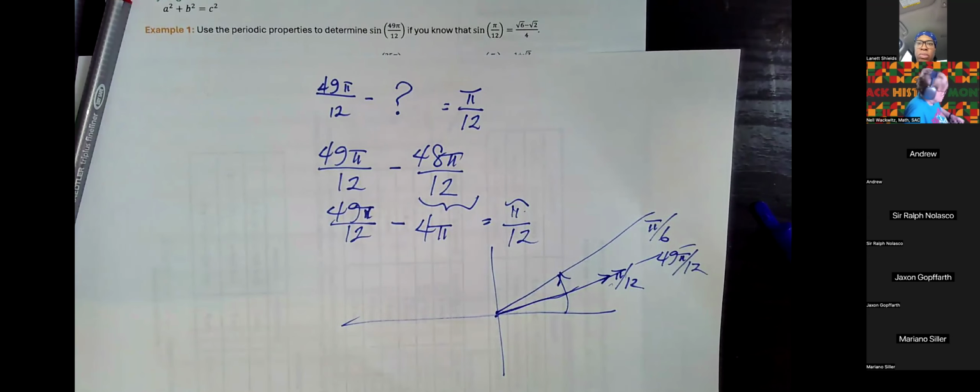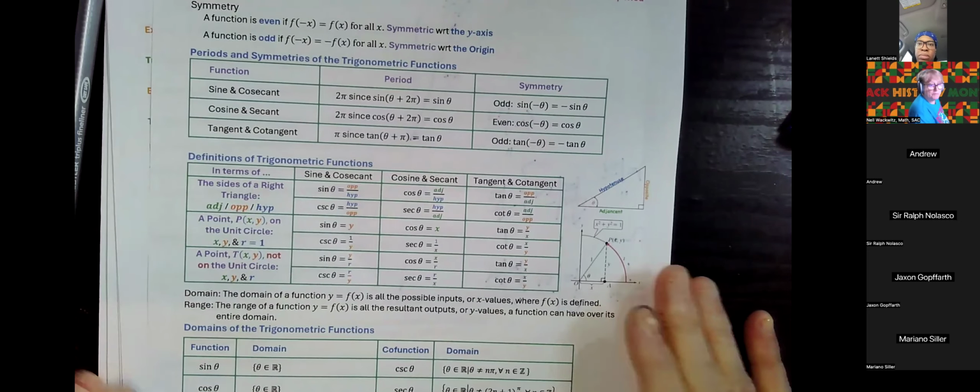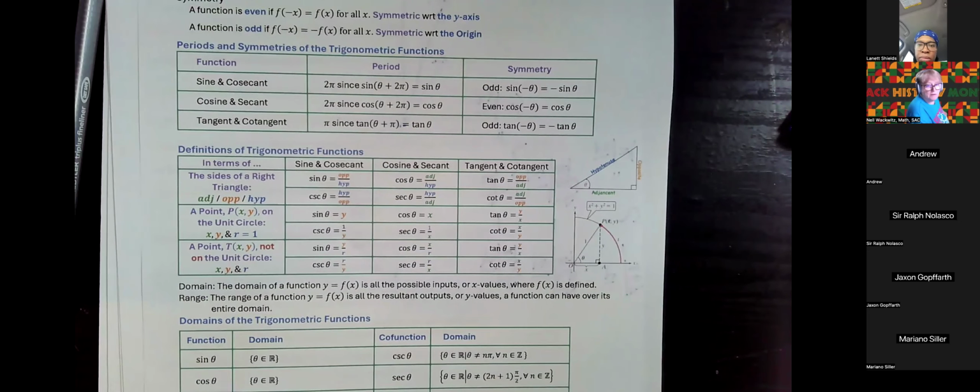So what properties that we looked at, I think they're on this page. What property from this page says the thing that we know to be true?